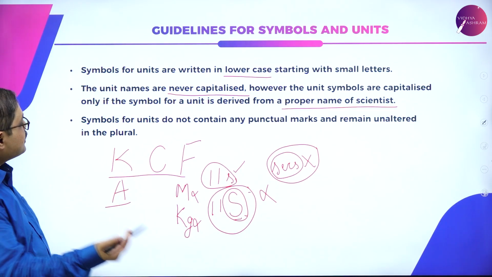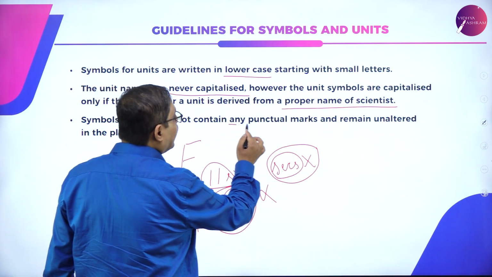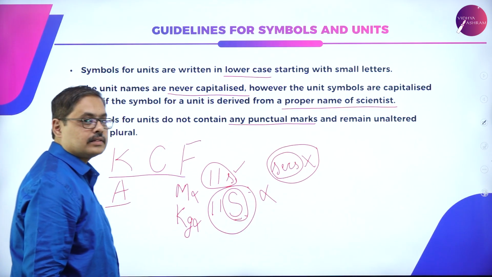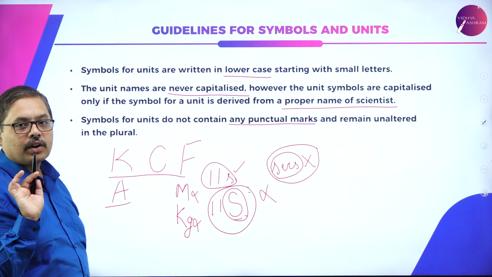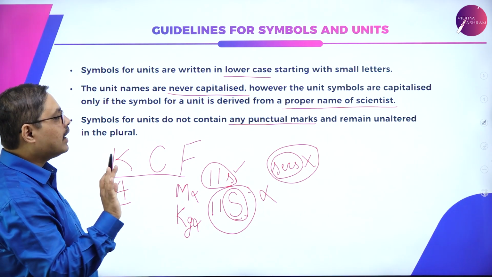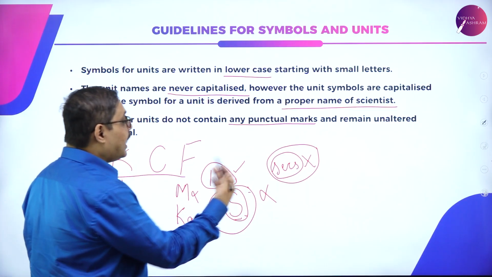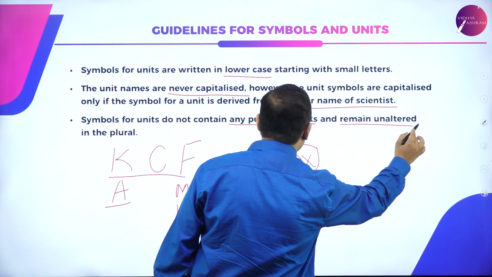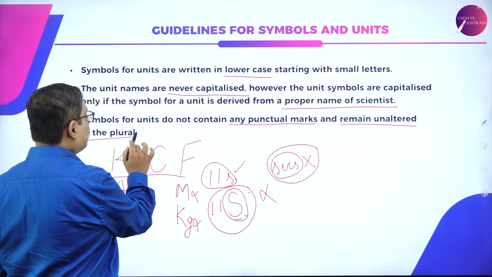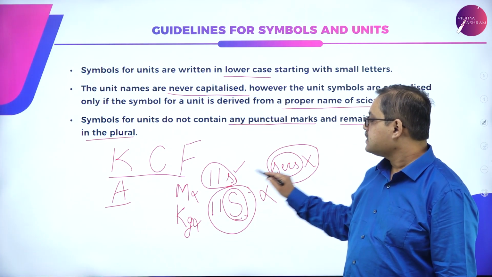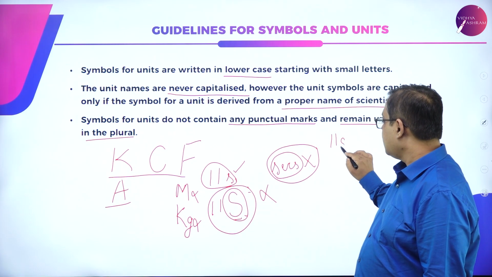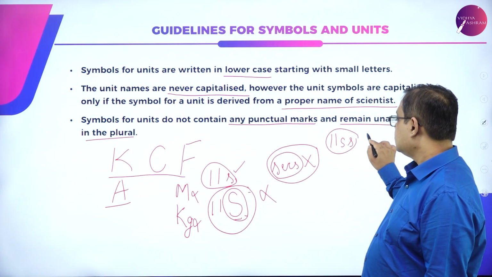And symbols for units do not contain any punctuation marks. You need not put an apostrophe s, comma, full stop, nothing like that. Units will not contain any punctuation marks and will remain unaltered in the plural form. What do you understand by plural form? I cannot write 11 seconds as 11 second followed by one more s. No, that is wrong.